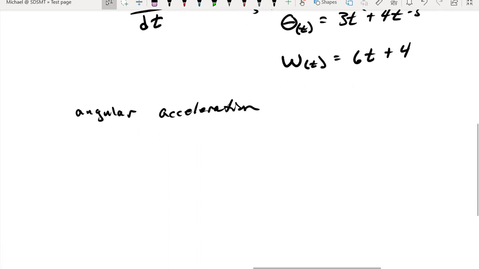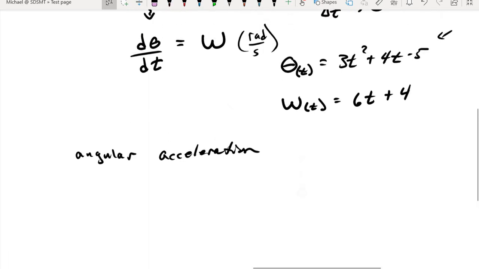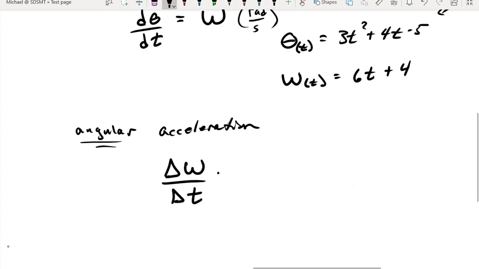By definition, way back at the beginning of the semester, acceleration was the change in velocity with respect to time. But in this case, we're using angular, so we need a change in angular velocity with respect to time. Any delta can be represented as final minus initial.